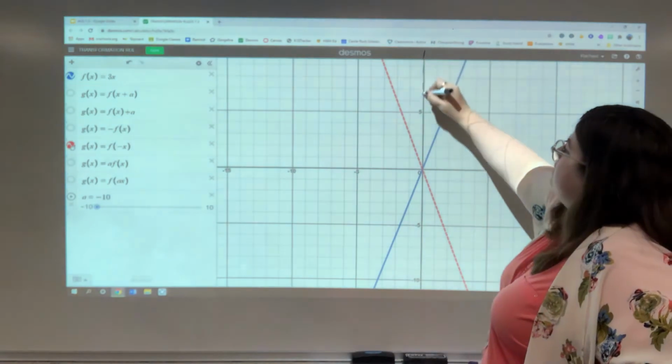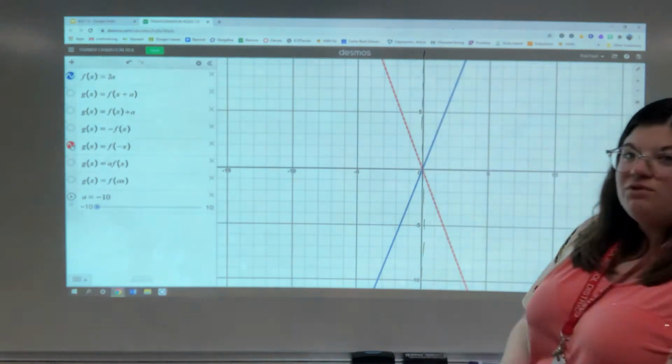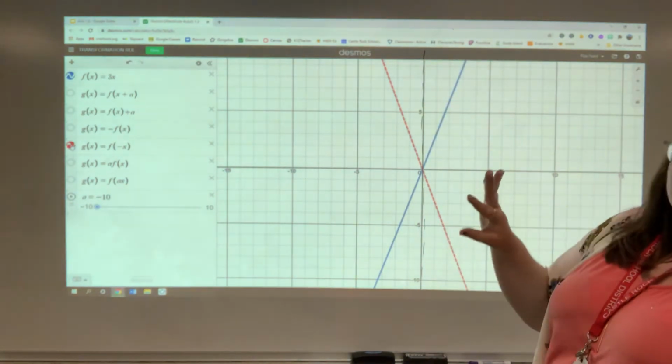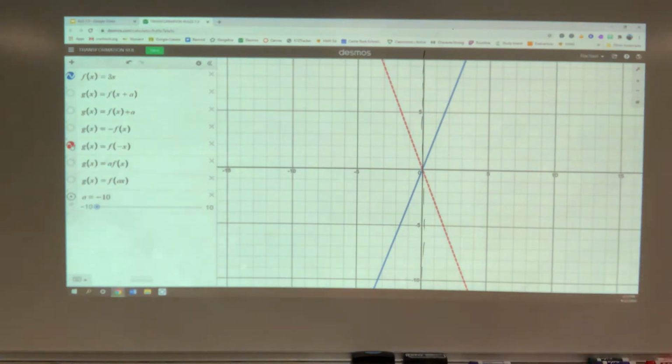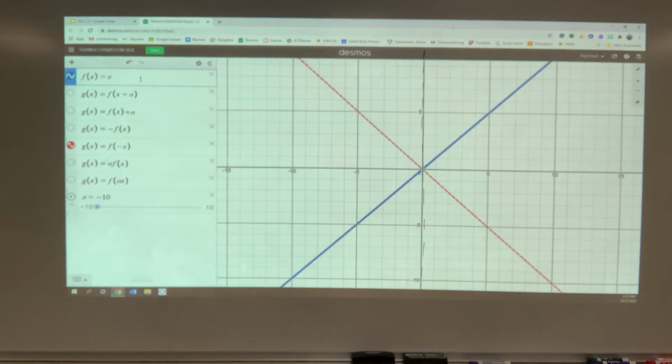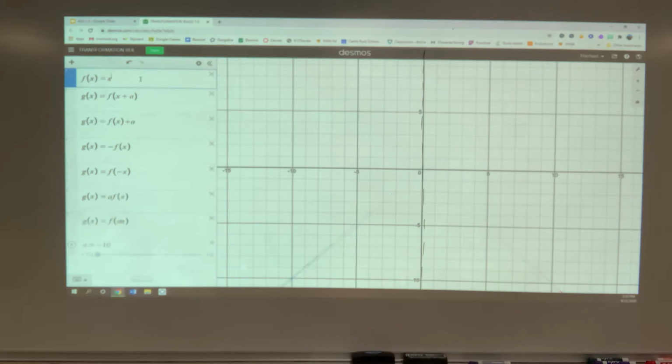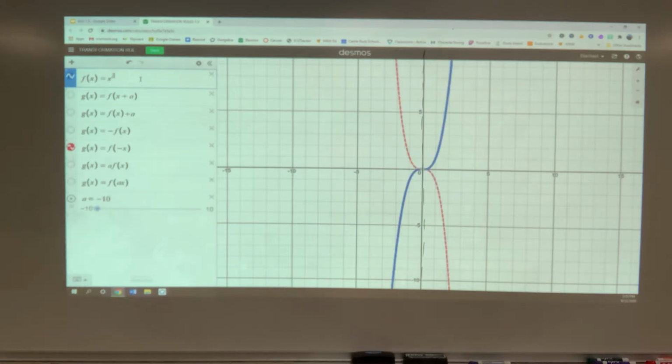So think about this like your line of reflection. Everything just flipped across that line, all right? So again, whatever that function may be, what if I let that function be x cubed? If I type in x cubed, the blue line is my original function.